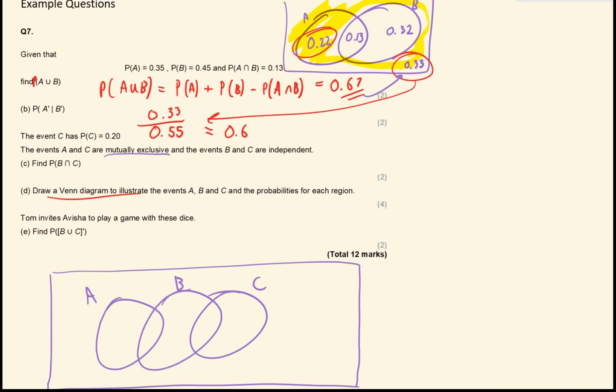I can fill in some of these. I know this is 0.22 and this is 0.13. But I'm not sure what's going to go here, here and here. Okay, we can work that out by using the fact that events B and C are independent.